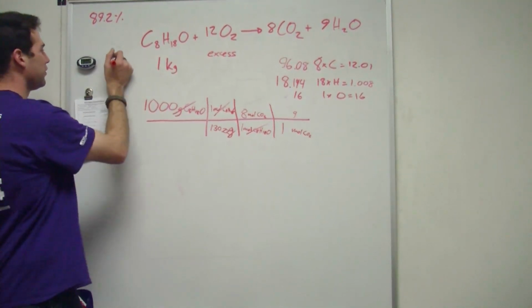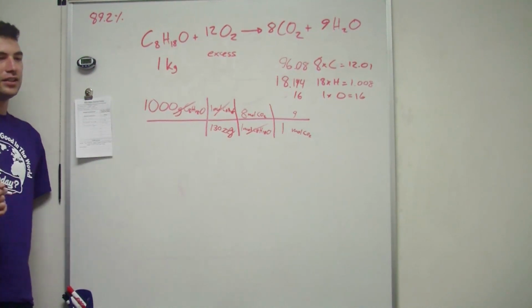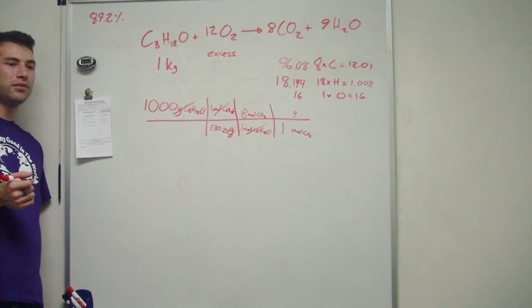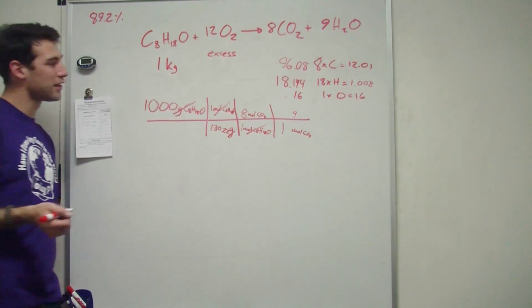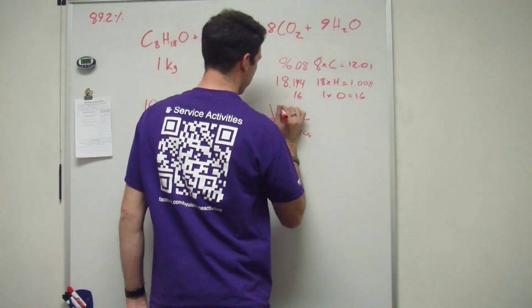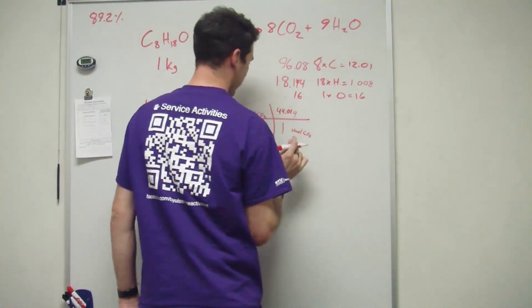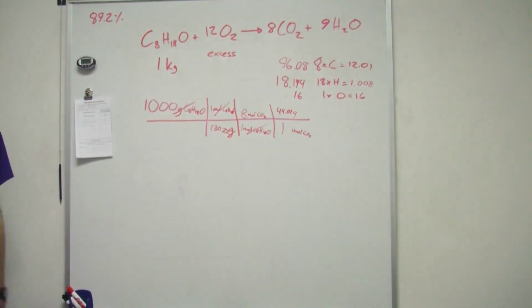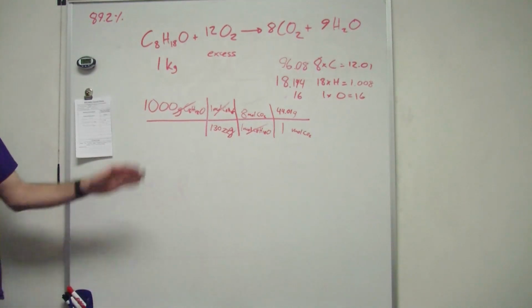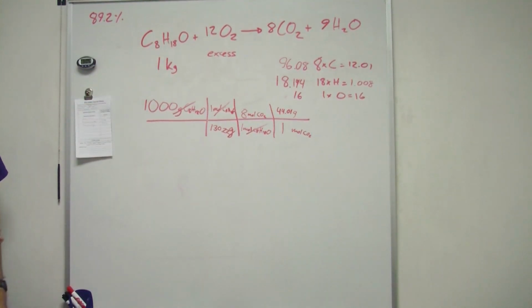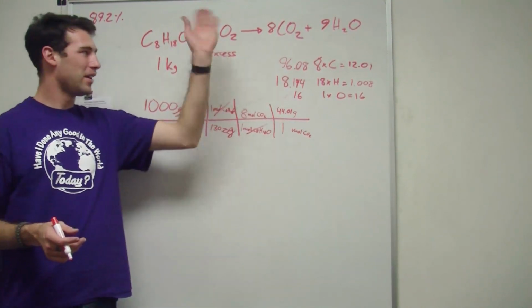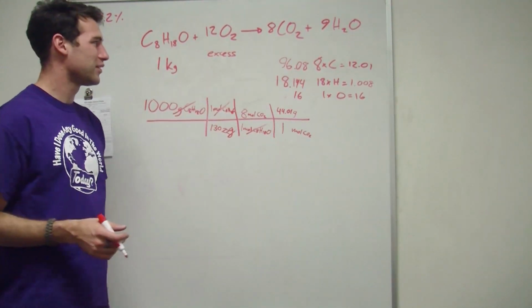C is 12, O is 16 each, so O times 2 is 32, 32 plus 12, 44. So it's going to be about 44.01 grams. And that is how we get from 1 kilogram of octanol to how many grams we produce of CO2.